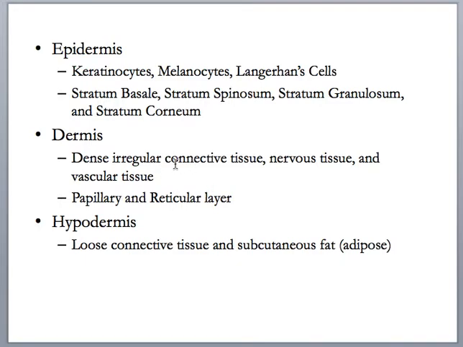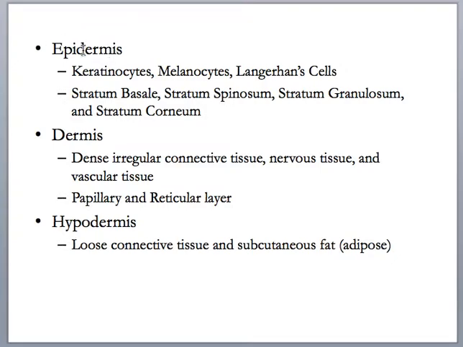You also find, in connective tissues, nervous tissue and vascular tissue as well. This is something that is unique to connective tissues. I'll talk about some of the nervous tissue that you find in the dermis, and you'll also see it's very highly vascularized. Remember, epithelium is not vascularized.